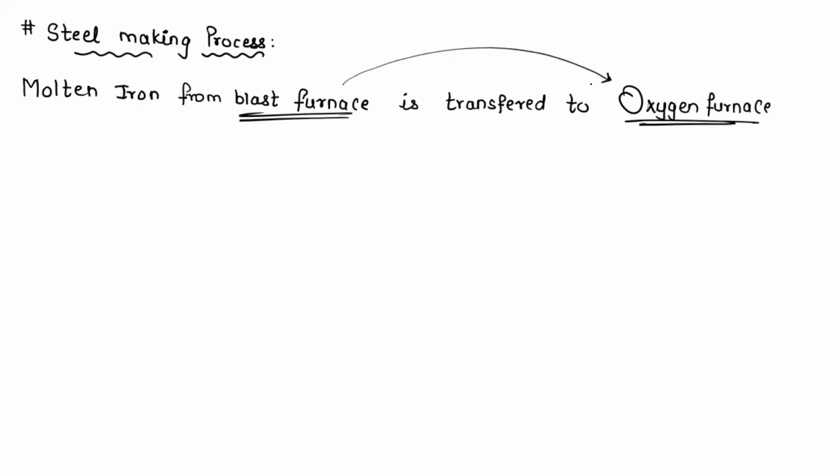Blast furnace to oxygen furnace. Now what happens in this? As I told you, the molten iron from the blast furnace still contains some impurities like carbon and sand. So I need to remove those impurities.